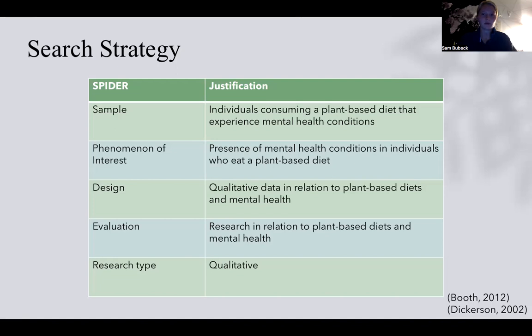It's something that is more qualitative. And onto the evaluation portion, it had to be research in relation to plant-based diets and mental health. And the research type that I was looking for was qualitative, and I just previously mentioned why.